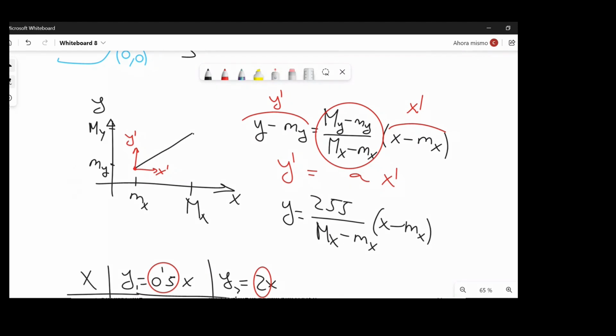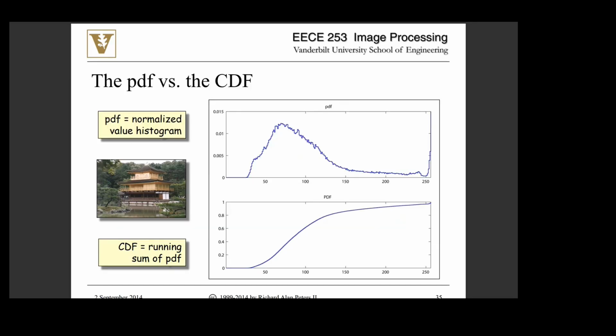The minimum is transformed onto the minimum of y. So 30 is transformed to 0. So it has an interesting property. We will take advantage of all the dynamic range of the output.